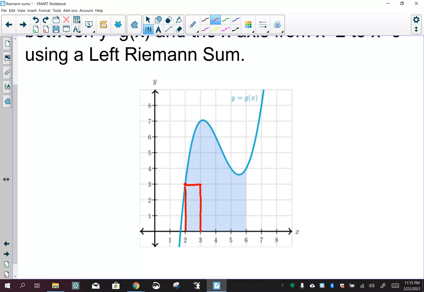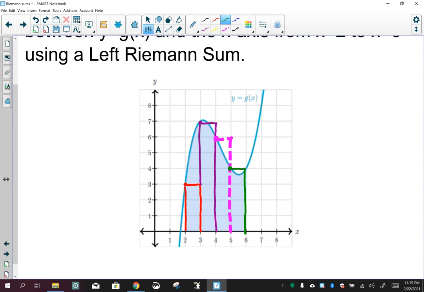And then I'm going to go up here to 3 and do the same thing. And then I'm going to connect it here and go over and go down. And then I'm going to go to 4 and do the same thing, over and down. And then I'm going to go to 5, do the same thing, and I'm done.